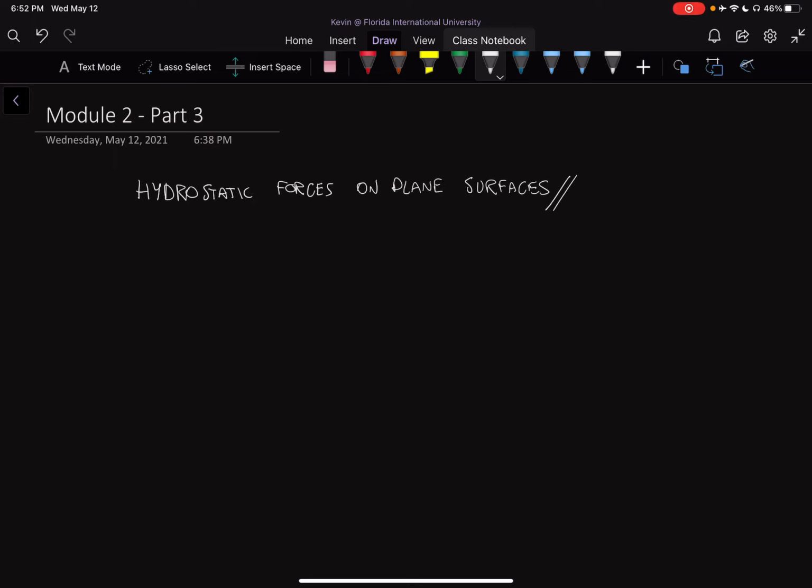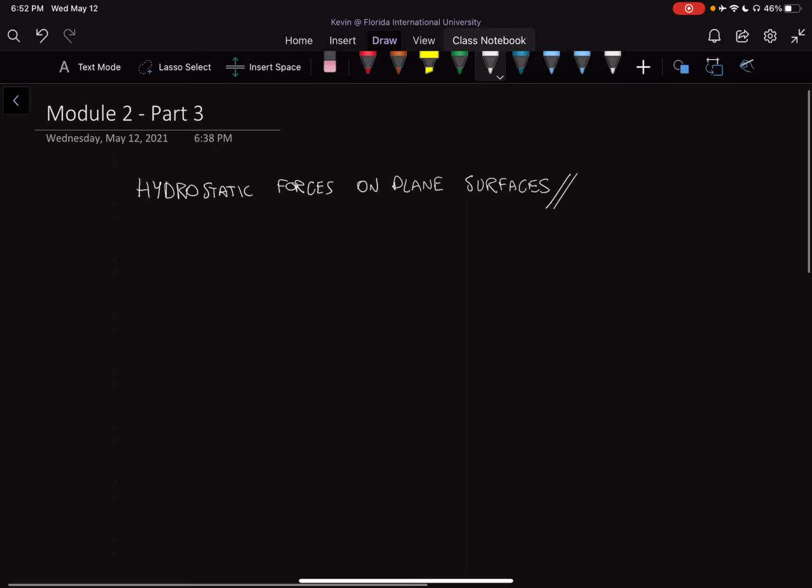So the first thing I want to look at is a simple example: a container with water. Once again, I have that symbol for the surface of water.